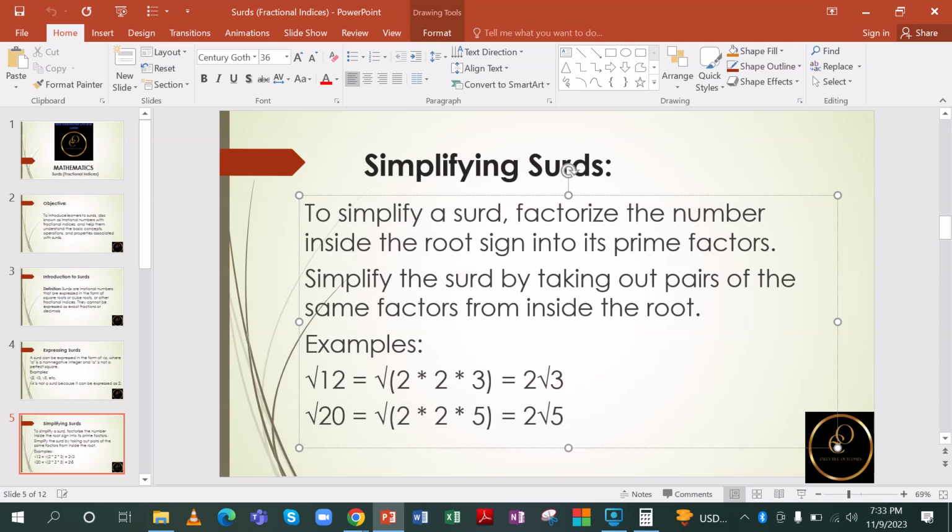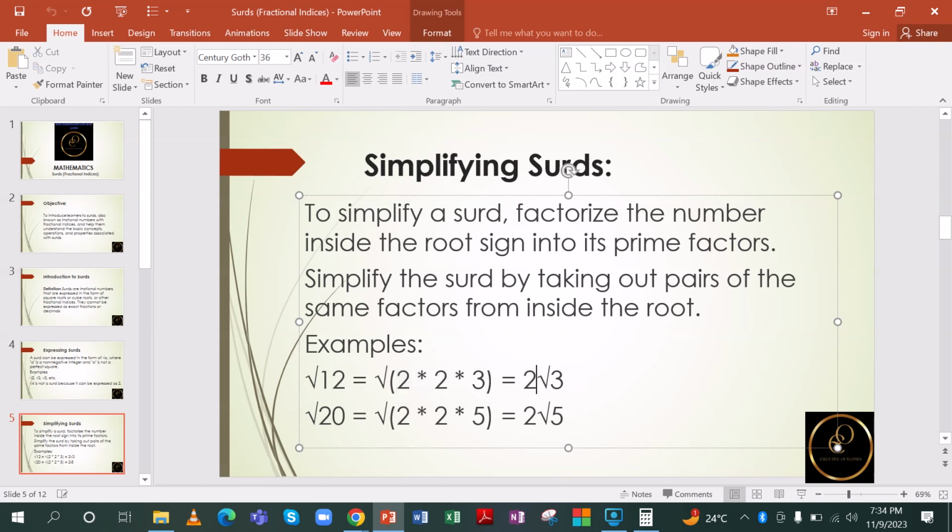So once you have this expression, 2 times 2 times 3, then you can factor out these 2 twos. If you multiply them, it will be 4. So 4 times 3. You can find the square root of 4 and it will give you 2.